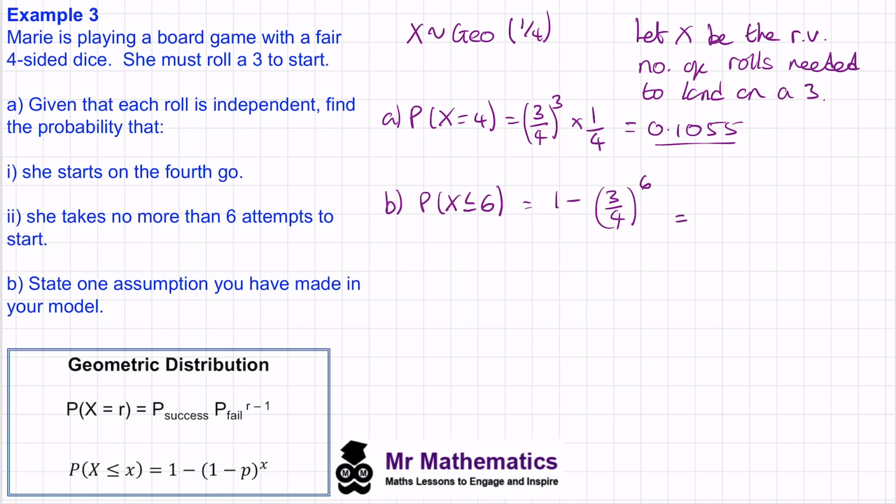And this gives us 0.822. And finally, for part B, state one assumption you have made in your model. Well, we've been told it's independent, so the only assumption could be that the probabilities remain constant.